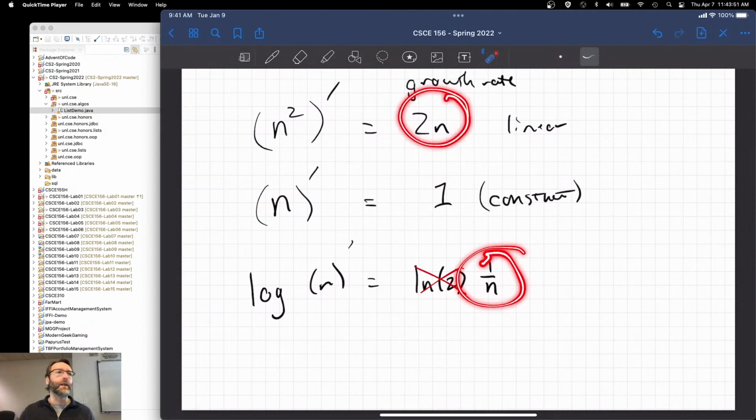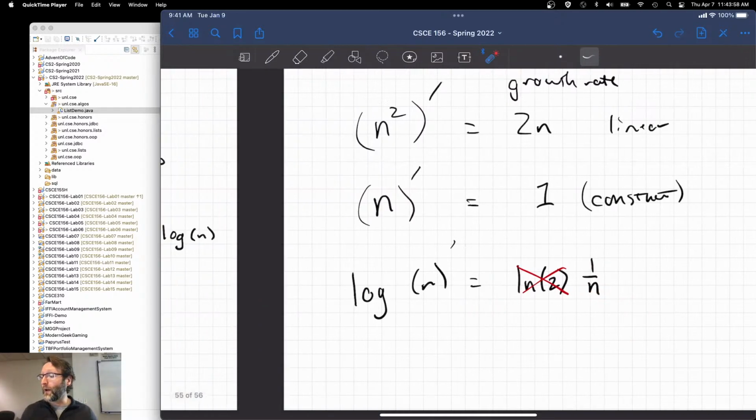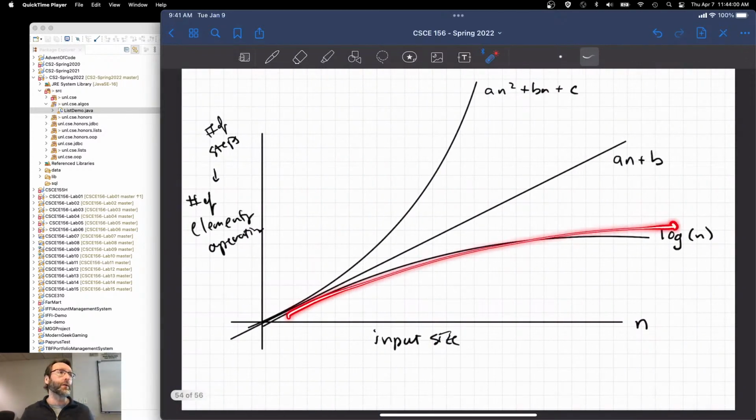Is it growing like a linear function? Nope. In fact, it's going down. The growth rate is going down. The function is still monotone increasing, but the growth rate is getting smaller and smaller and smaller. For all intents and purposes, a log in practice is no worse than a constant. What would a constant look like here?